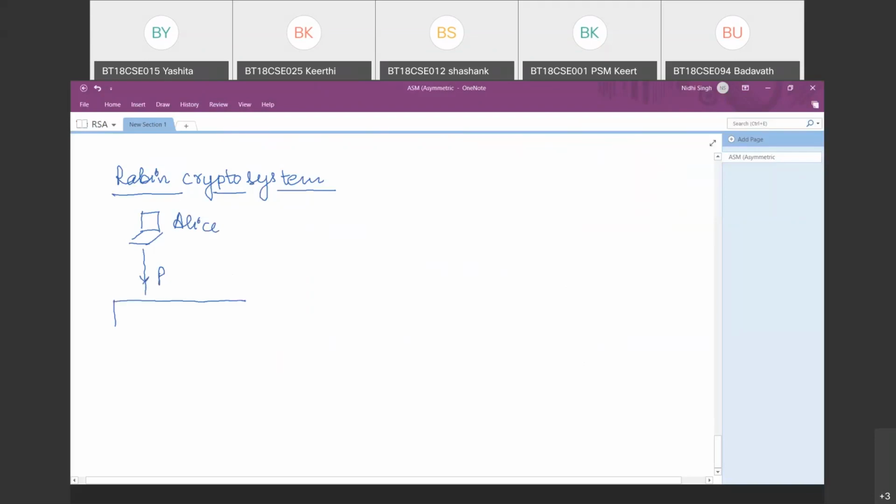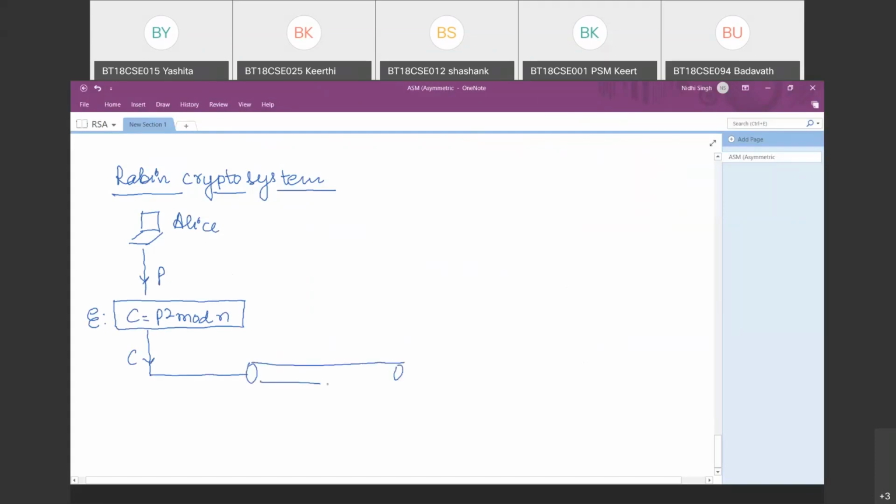Because it is an insecure channel, we have to use asymmetric key cryptography. The encryption process of asymmetric cryptography says that the algorithm must be applied over the equation C equal to P square mod n. So instead of E, I am using only the square. So P square mod n. Now my ciphertext will be created and it will go over the insecure channel.